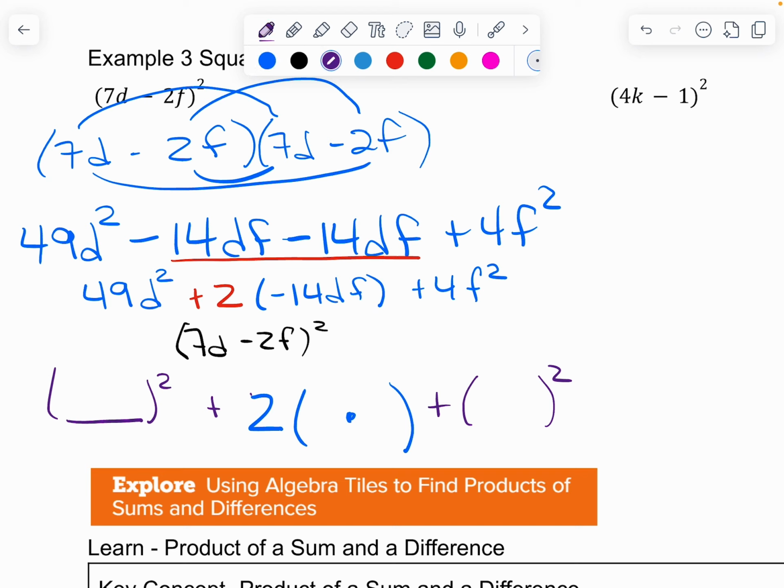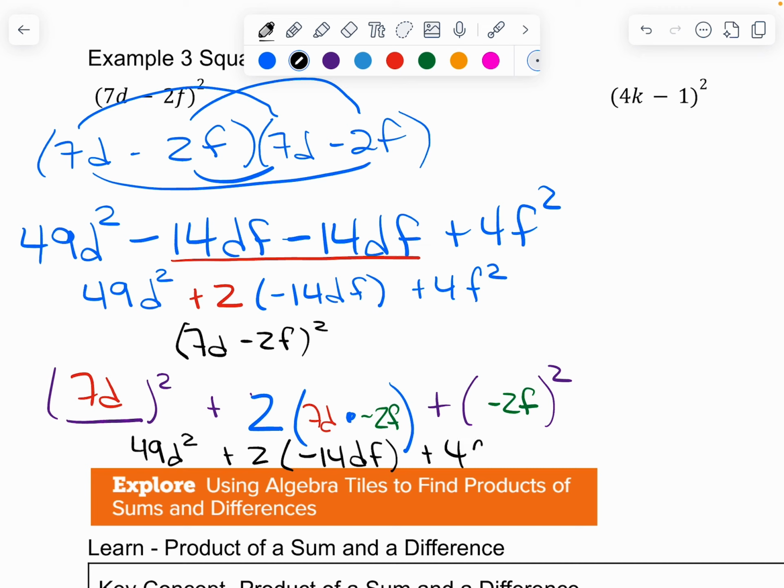So I would take the first term, which is 7d, and then the second term, which is negative 2f, and I multiply it out. I did not leave myself a lot of room. So I'm going to do 49d squared plus 2 times negative 14df plus 4f squared.